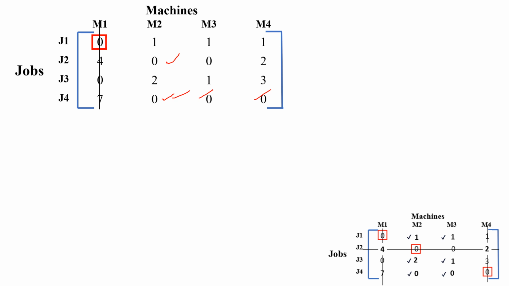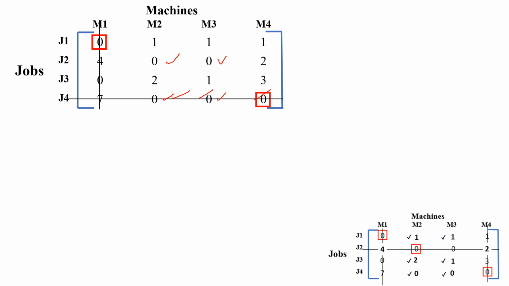The third column also has more than one 0, so I skip the third column. In the fourth column, there is exactly one 0. So we mark a square around that 0 and draw a horizontal line. After the row scanning and column scanning, still all zeros are not covered with lines.